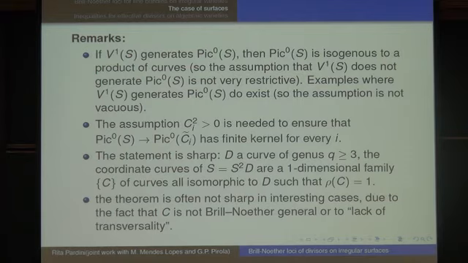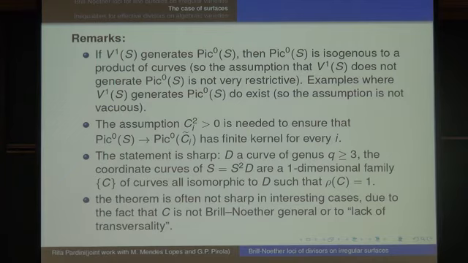And in some cases, we identify our Brill-Noether locus with the Brill-Noether locus on a curve. If the curve is not Brill-Noether general in moduli, then the Brill-Noether number will not give you the right answer. However, we also have problems for r equals 0, where, of course, every curve is Brill-Noether general in that sense.